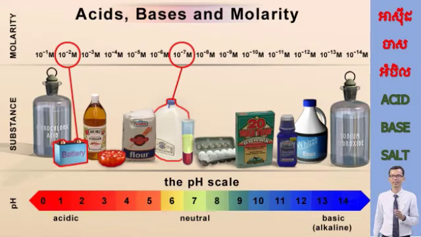Because 10 to the minus 2 divided by 10 to the minus 7th is 10 to the 5th, the concentration of hydronium ions is 100,000 times higher in battery acid than in pure water. In a very alkaline solution, such as laundry bleach, the concentration of hydronium ions may be as low as 1 times 10 to the minus 12th molar.